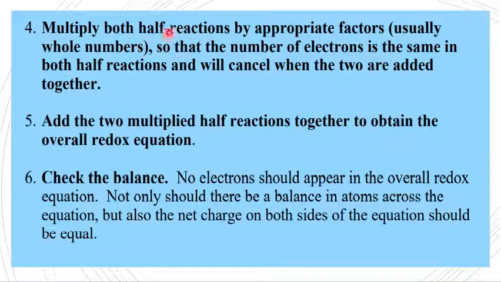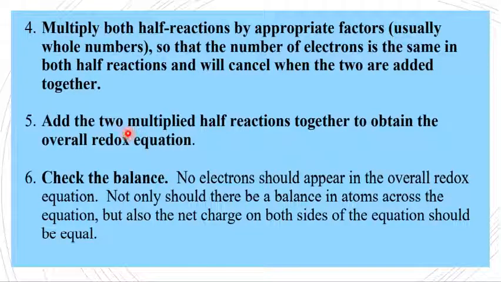Then multiply both half reactions by appropriate factors, usually whole numbers, so that the number of electrons which you had added is the same in both half reactions, and at last you will cancel them out when you add these two equations, that is your reduction half reaction and your oxidation half reaction.